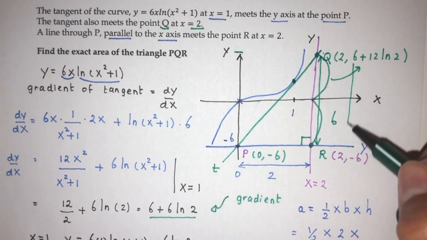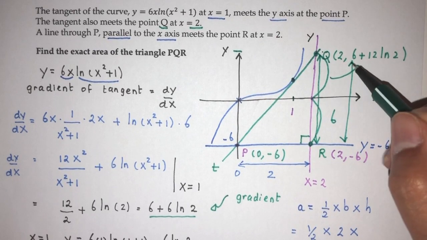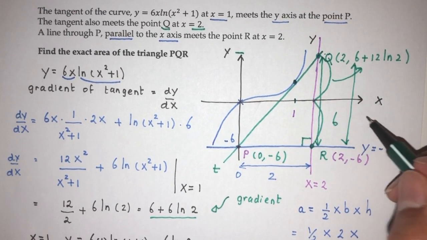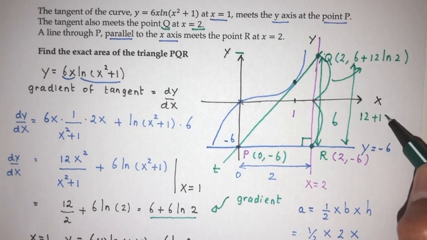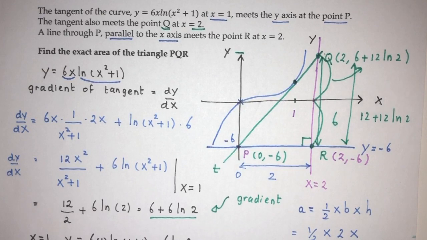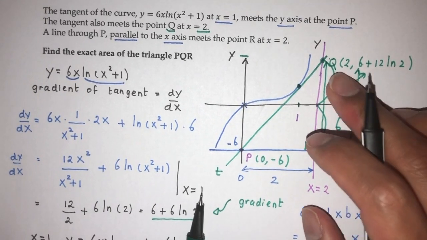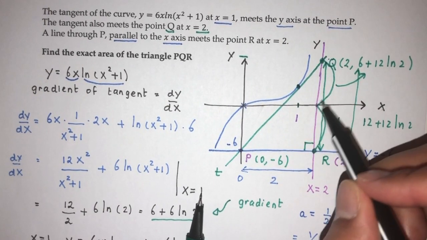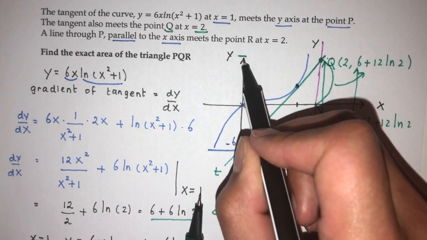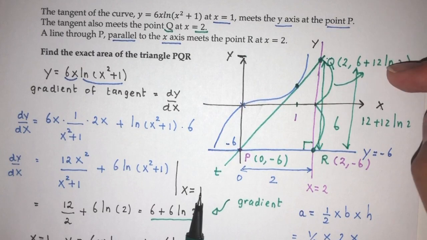So together, if you can observe, this has to be this plus this, that should be 12 plus 12 ln 2 for the height of the triangle, right? Because if you understand point Q is 2, and this value, so this height will be this value, right?